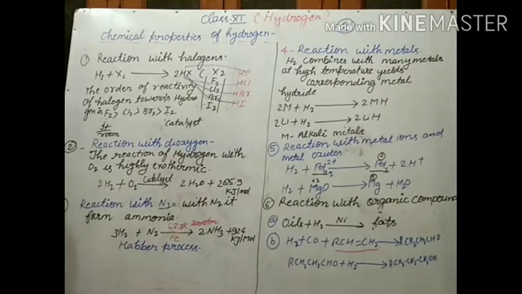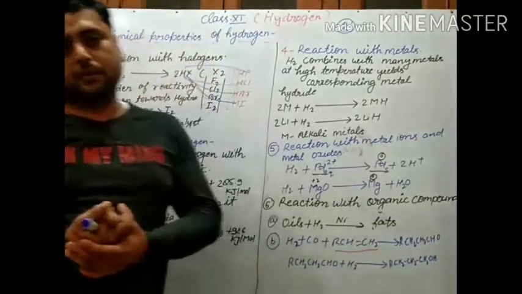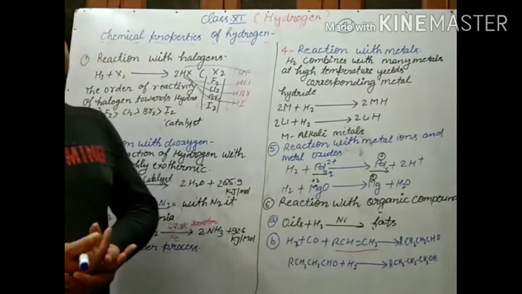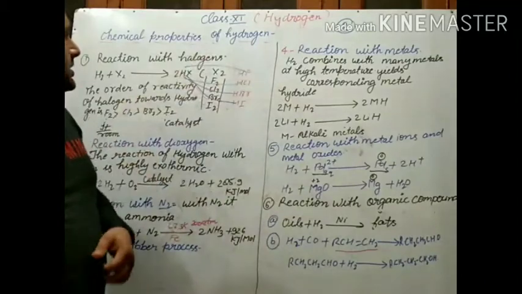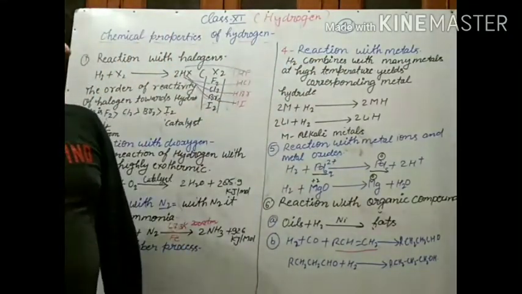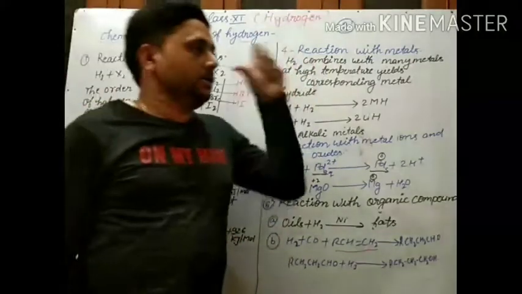Next is reaction with metals. As you know, hydrogen has dual nature. So it forms hydride. Here it is behaving differently. When hydrogen reacts with many metals, it forms hydride. It behaves as a halogen here.